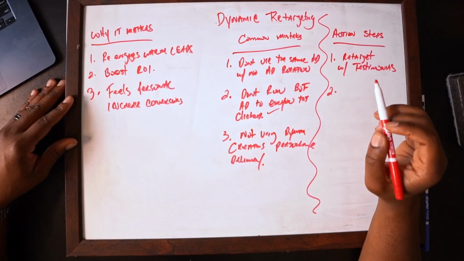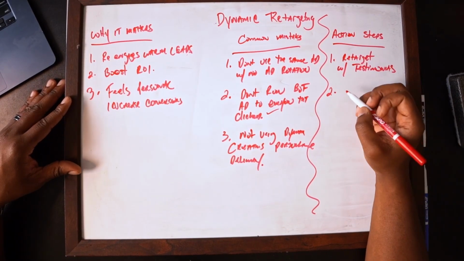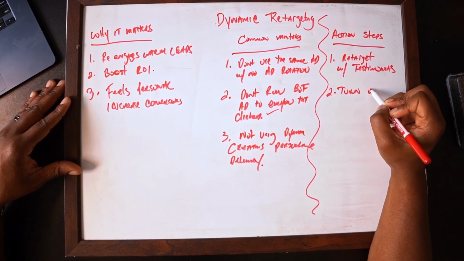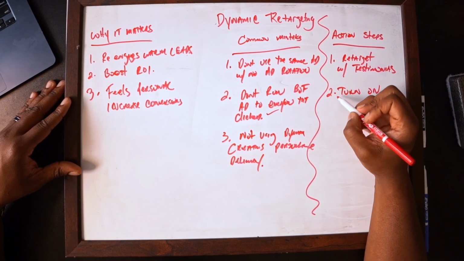All right, number 2: you want to use the dynamic creative setting in the campaign portion, and you want to automatically test images. Use it to automatically test image, copy and CTA. So turn on the dynamic creative.